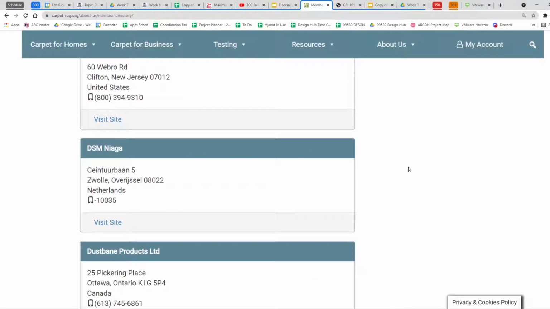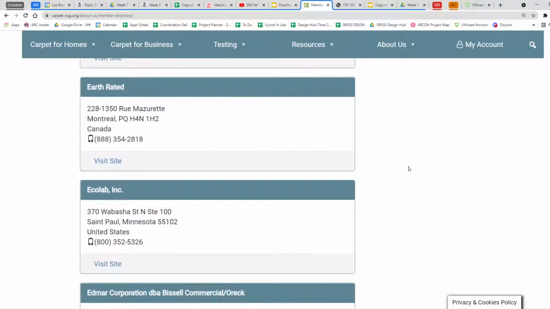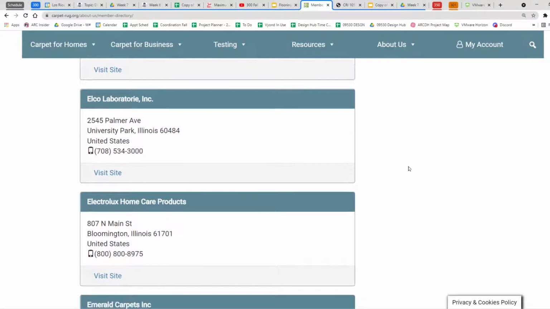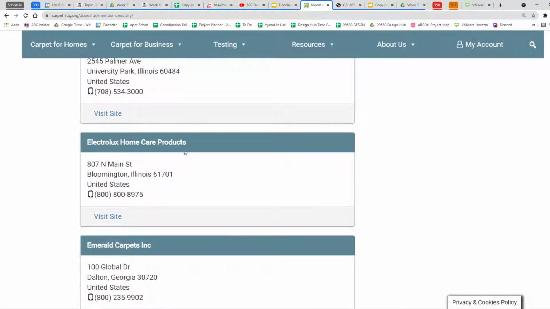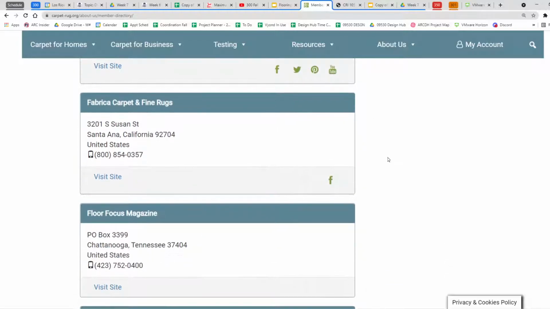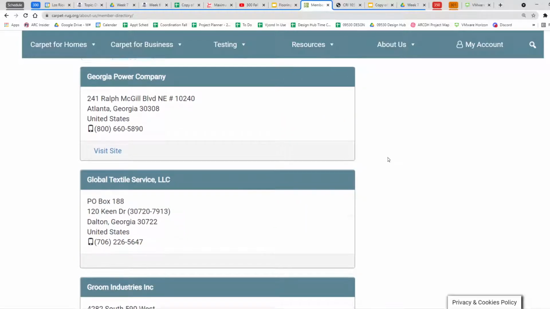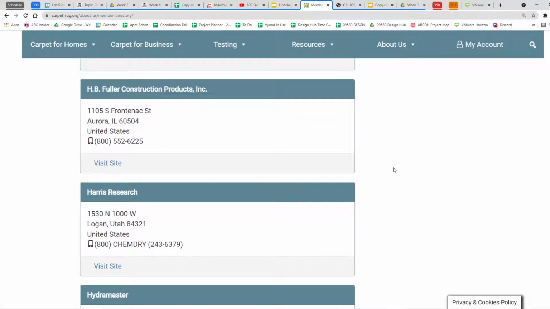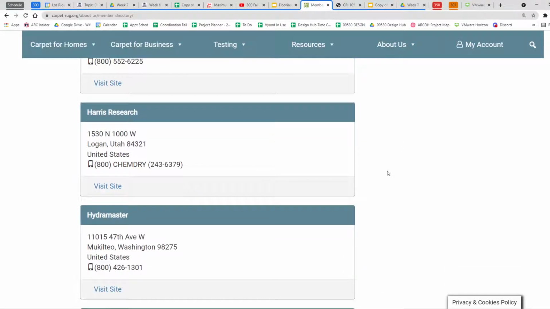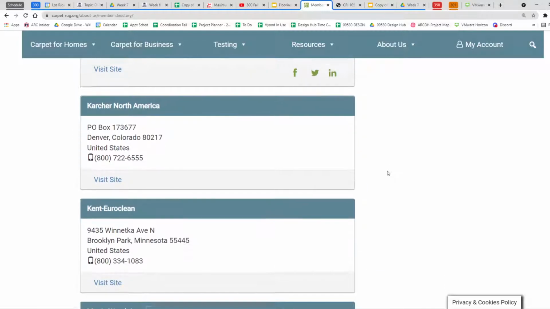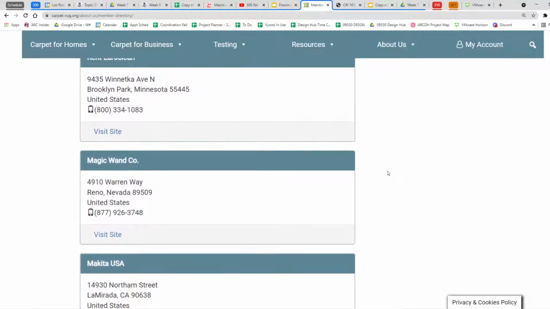Okay, but they're all over the place. And so you can go, okay, yeah, I got it. These are some people that have done some, look at Electrolux, they're huge. Engineered Floors, these guys are big. Okay, but you'll see, man, there's a lot of them in Georgia, right? That's because tons of flooring products come out of Georgia.